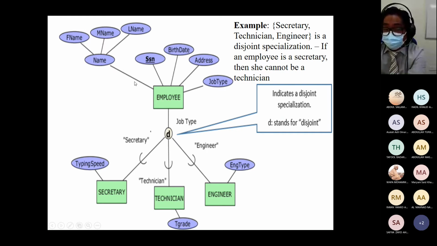Okay, see now, what we have learned in chapter 2, they're all combined now. This name is a composite one because they are all subparts of those attributes: first name, middle name, and last name. Okay, SSN is a simple attribute, the identifier, and the rest would be simple attributes.